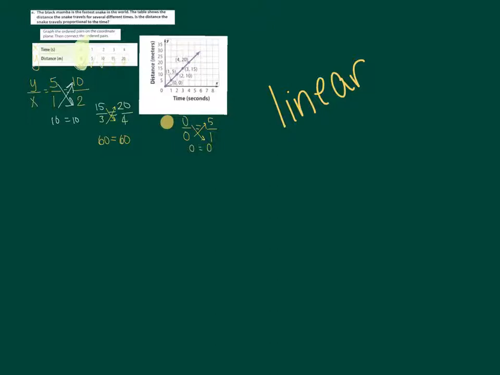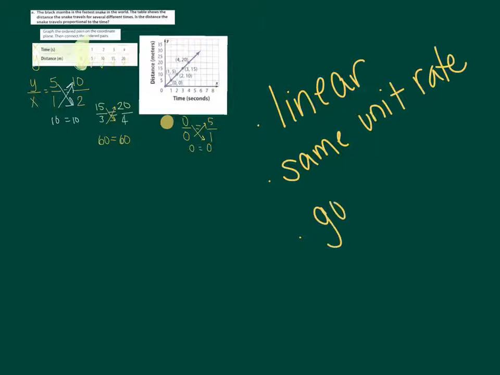That straight line can have a different slope or a different height, growing or even decreasing depending on what we're speaking of. So it has to be linear. It has to have the same unit rate between all of those points, or that constant of proportionality, and it has to go through the origin.